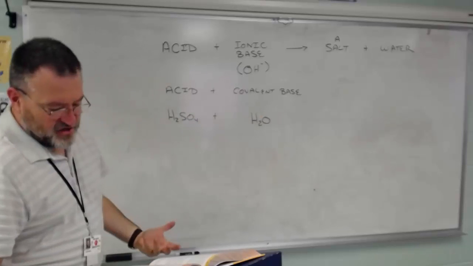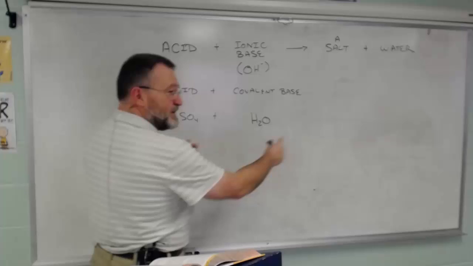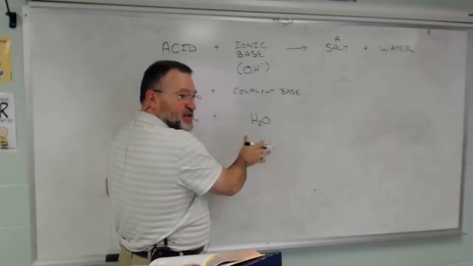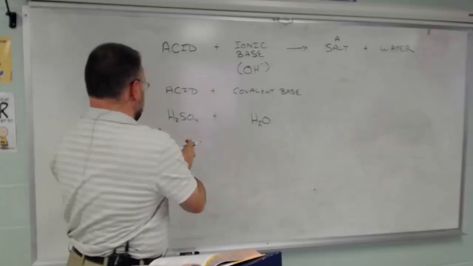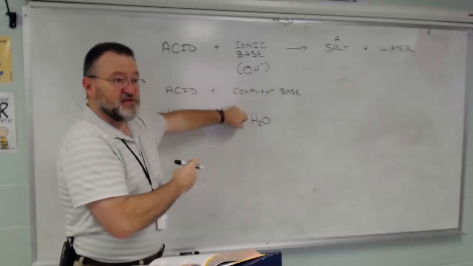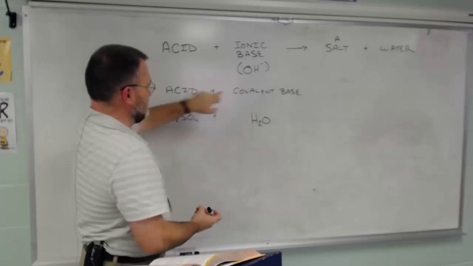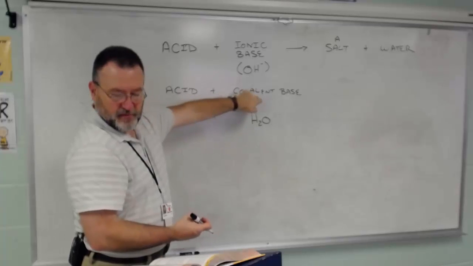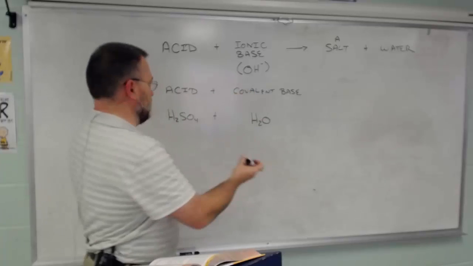And in this reaction, what will we expect to produce? Again, we're not balancing yet. We're just looking at what molecules do we have. I've got an acid and a base. This base, water, is a covalent base, right? Acid and a base. It's going to react to produce.